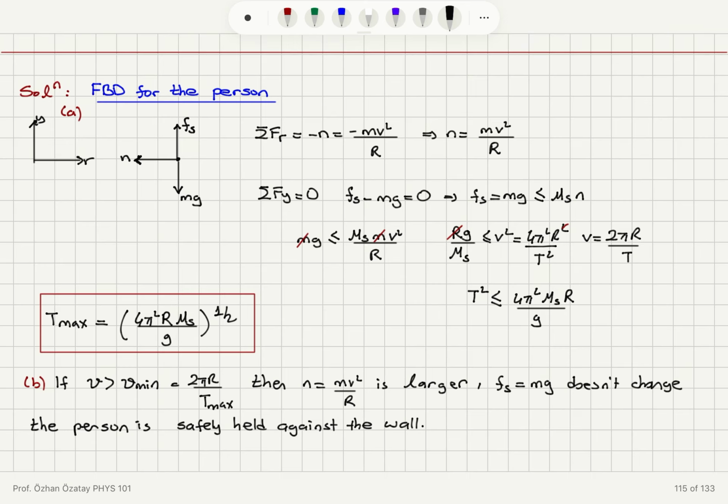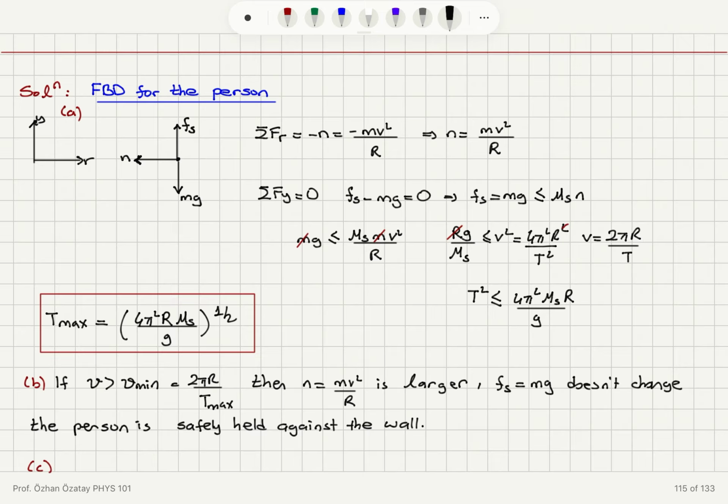So if I have a period that is less than the maximum period, or a speed that is greater than the minimum speed, then the normal force will be larger, but that will be the only effect. The static friction, which is less or equal to mu s times the normal force, will keep that condition by having Fs equals mg, so that will not change, and the person will be safely held against the wall.